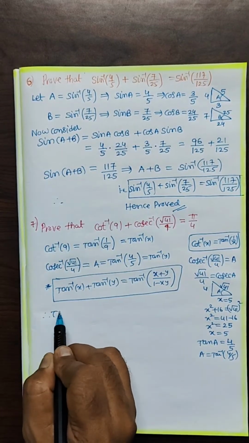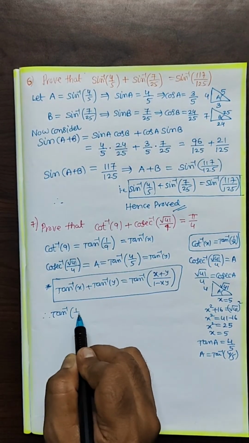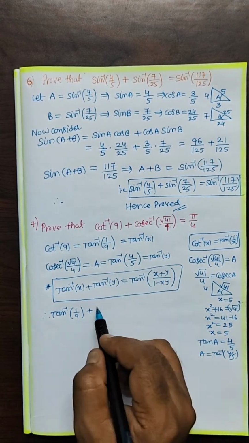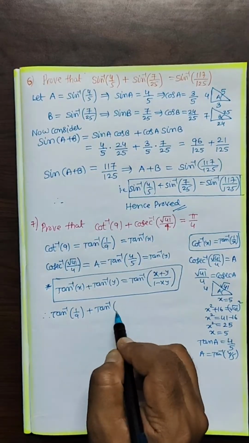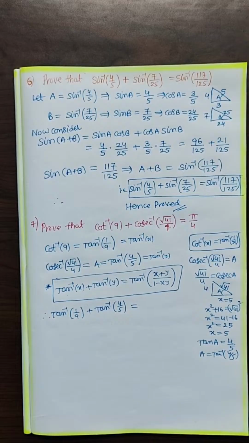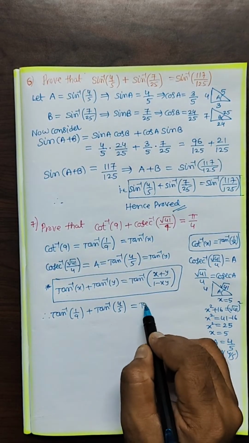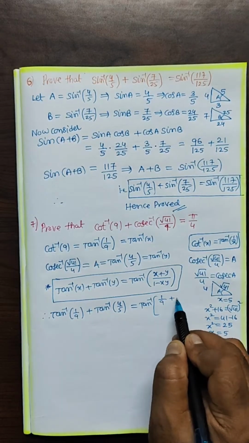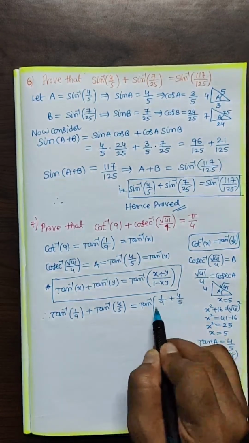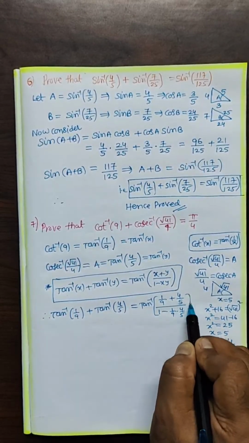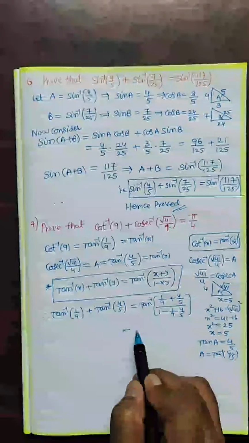Therefore, tan inverse of 1 by 9 plus tan inverse of 4 by 5. Is it in the form of tan inverse x plus tan inverse y or not? So tan inverse of x plus y, that means 1 by 9 plus 4 by 5 divided by 1 minus 1 by 9 into 4 by 5 is equal.